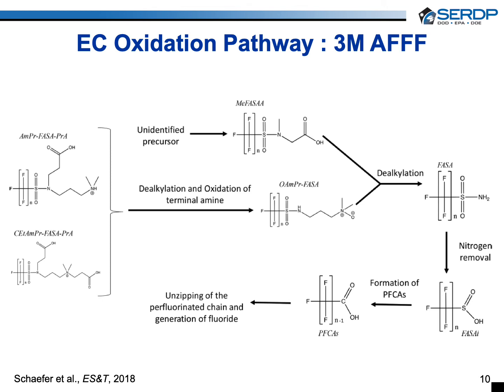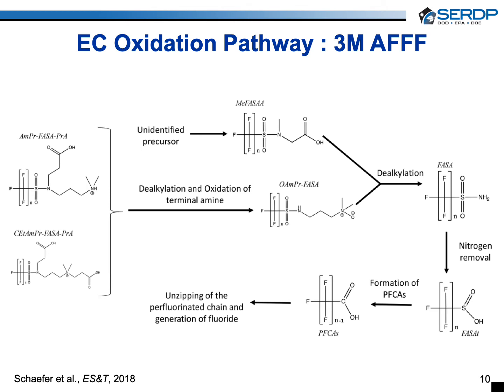So we can see that initially some of these precursors go through various oxidation steps, which can be dealkylation, oxidation of terminal amines, eventually forming these sulfonamides. You get some nitrogen removal there. You form sulfinates, and then you get further oxidation of that, and then you form your perfluorinated carboxylic acids.